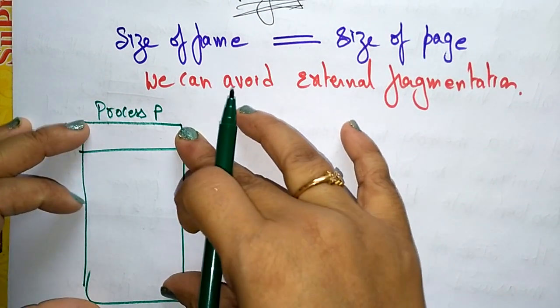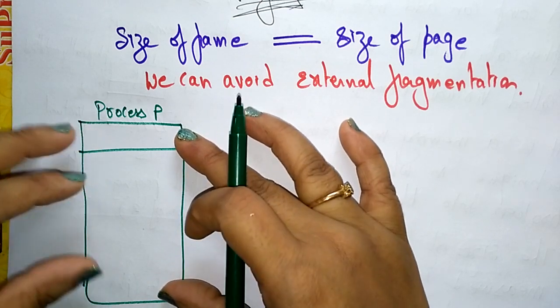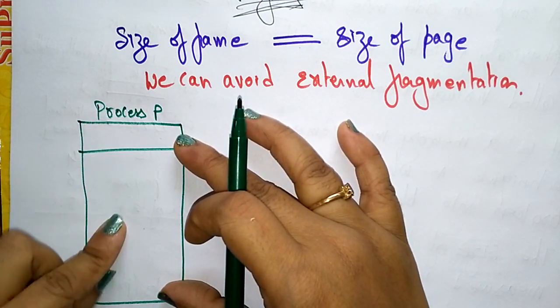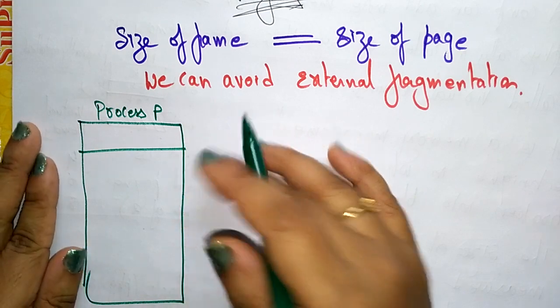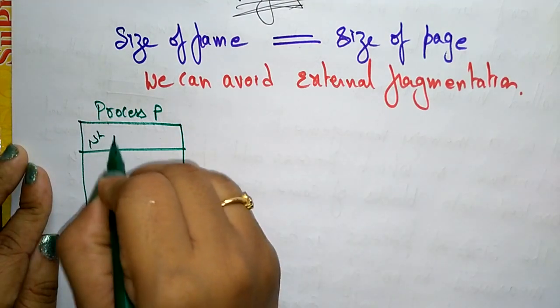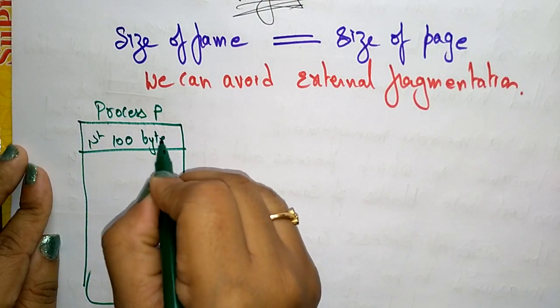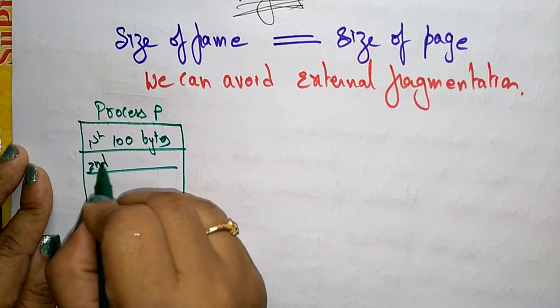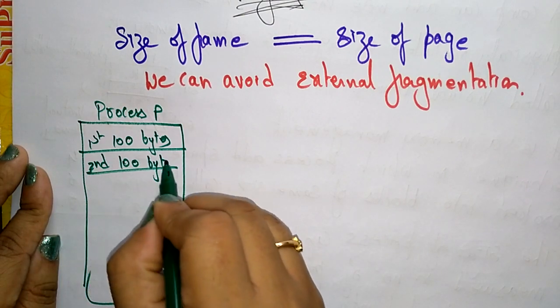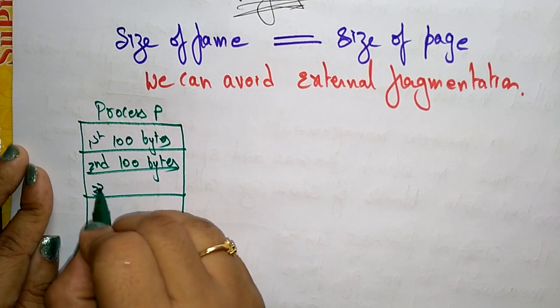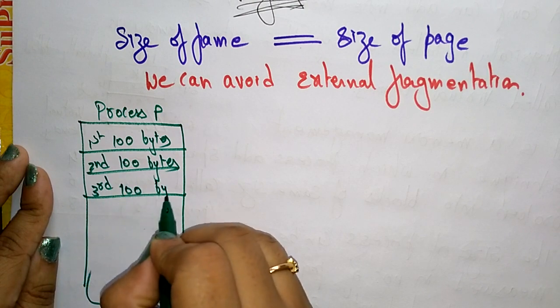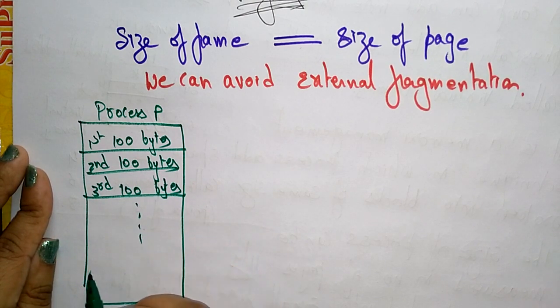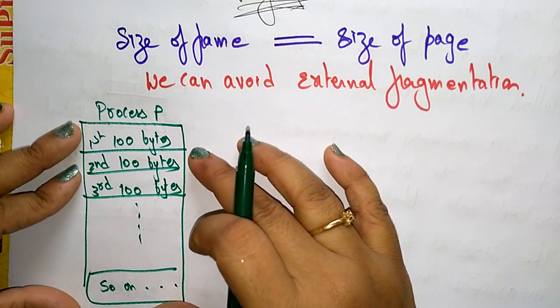Here the complete process is divided into pages. First 100 bytes, second 100 bytes, so one process is divided into 100-byte pieces, and so on.